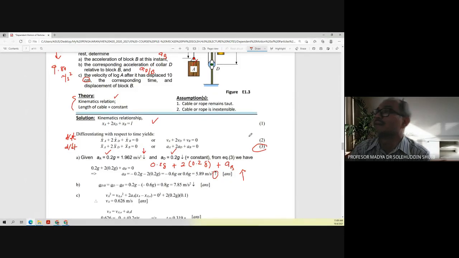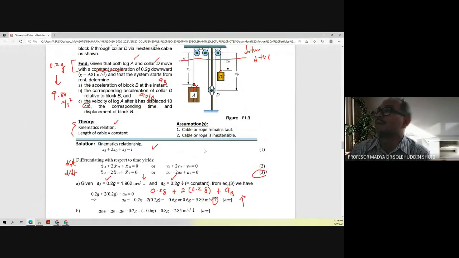Remember the definition of it: the corresponding acceleration of collar D relative to B. So the acceleration of D relative to B means acceleration of D minus acceleration of B. We know the acceleration of D, and the acceleration of B we have obtained just now in part A. So 0.2 minus 0.6 g, you get 0.8 g, positive.